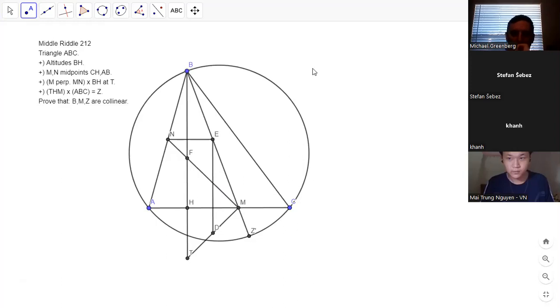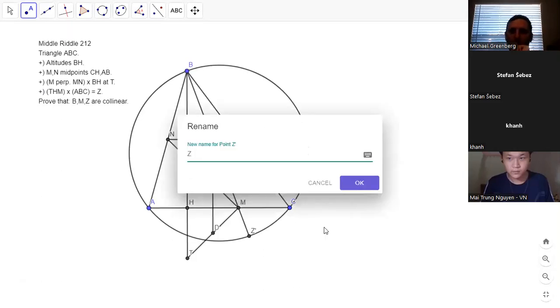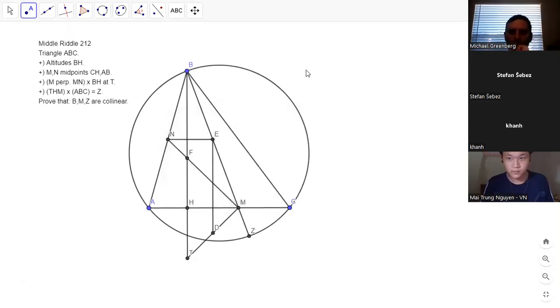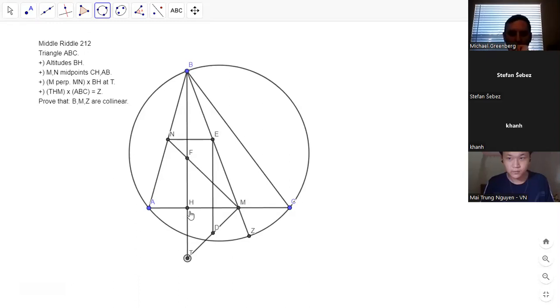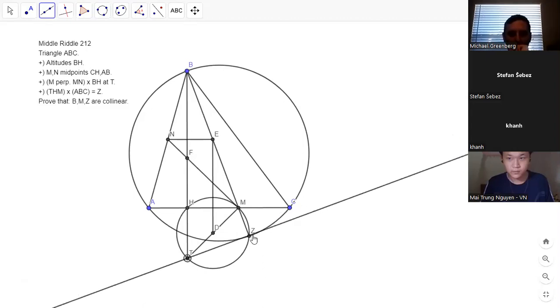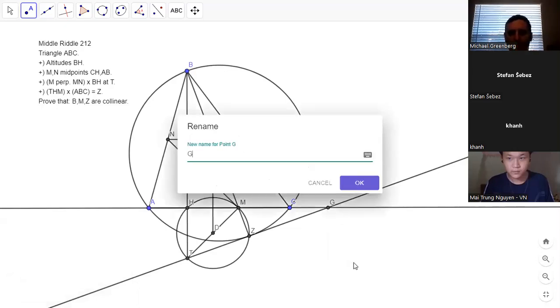All right. So I'll make the problem the way it was originally. Let TZ intersect AC at X. All right.